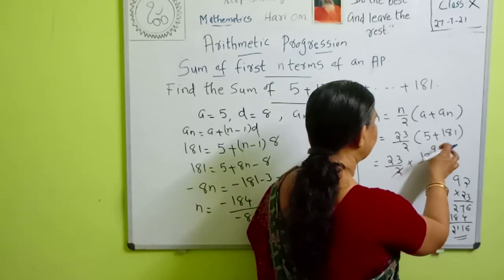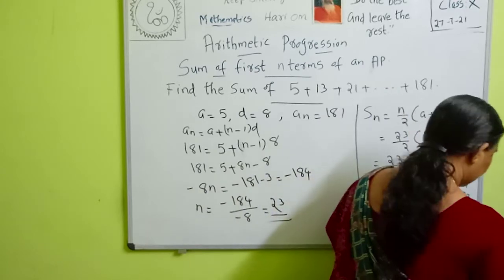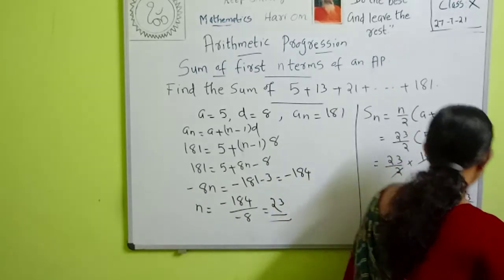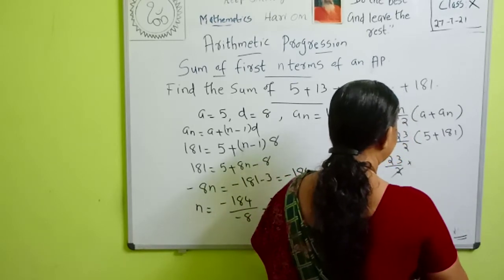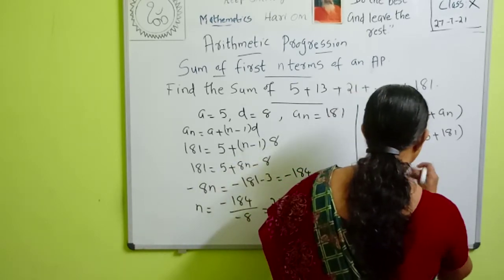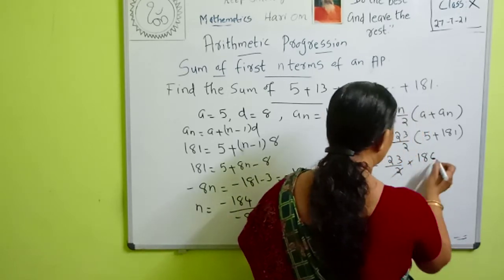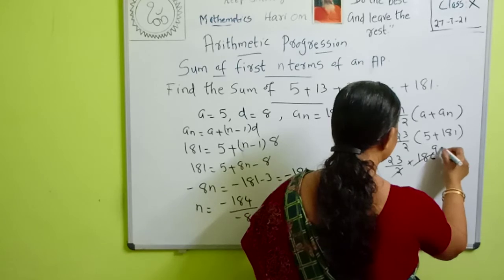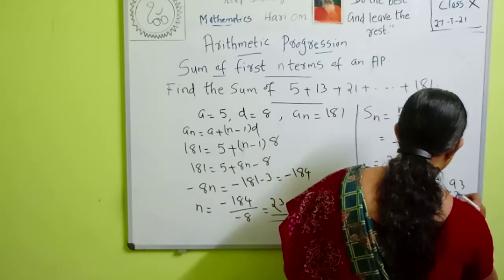Sorry, 5 plus 181 is not 184. It is 186. So here 5 plus 181 is 186. So we can cancel this. It is equal to 93. Then what is 93 into 23?